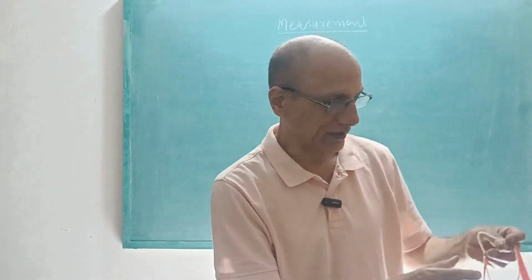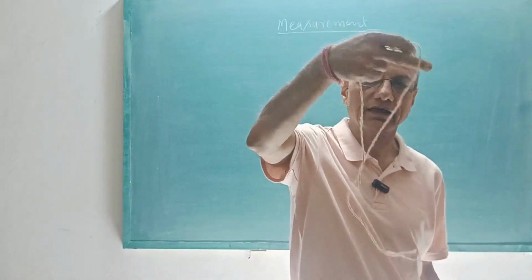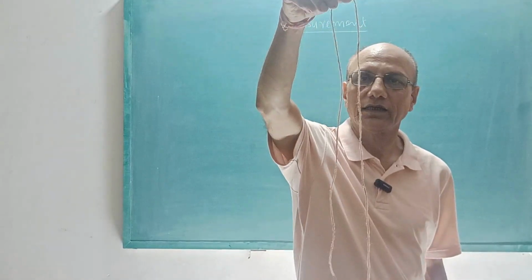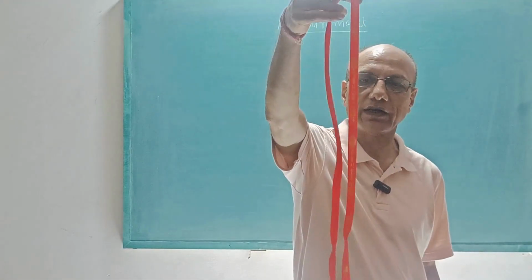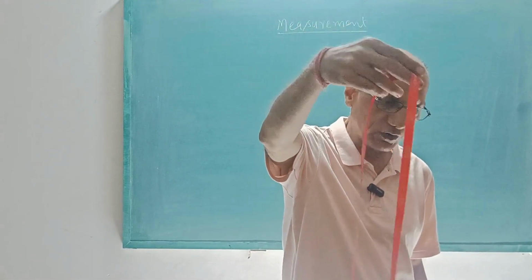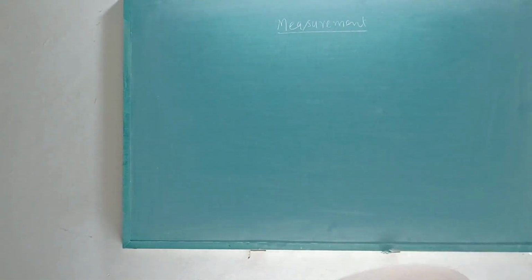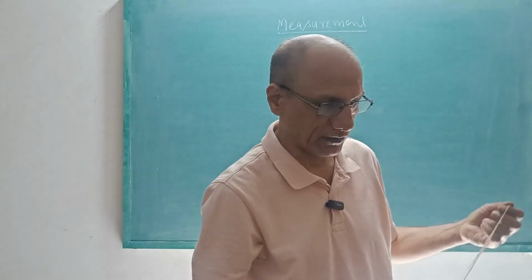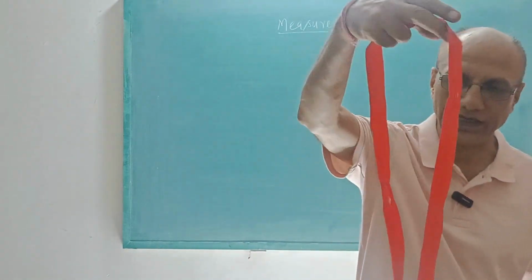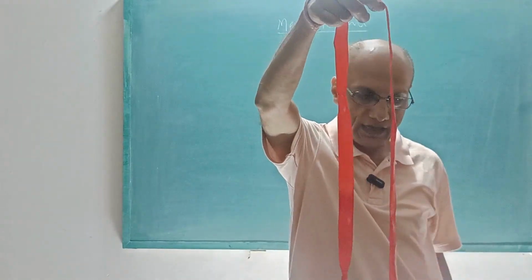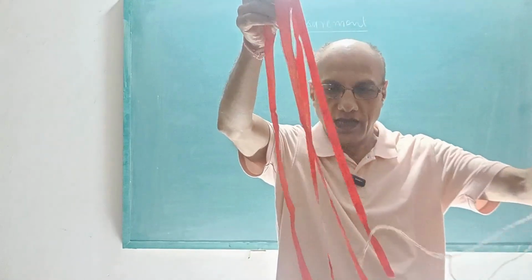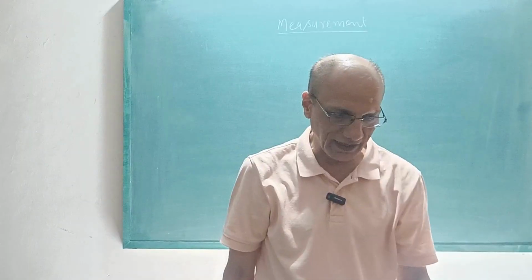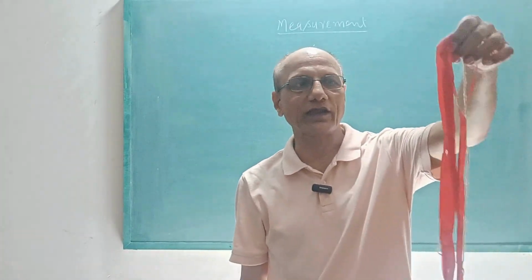Now this is a thread or a string, just see it, and now see this one. Which is longer? Again you will find it difficult to decide. And if I say which is longer, either of the three, 1, 2, 3, you might have got a little idea when I got them together.